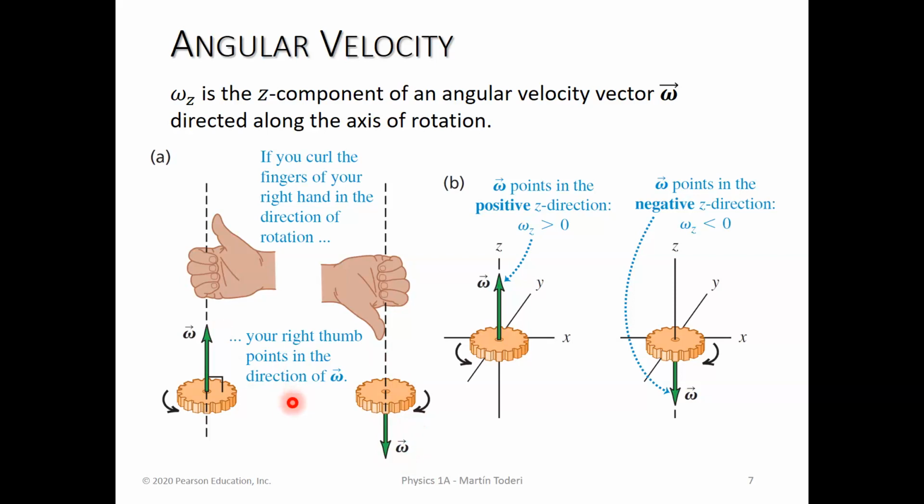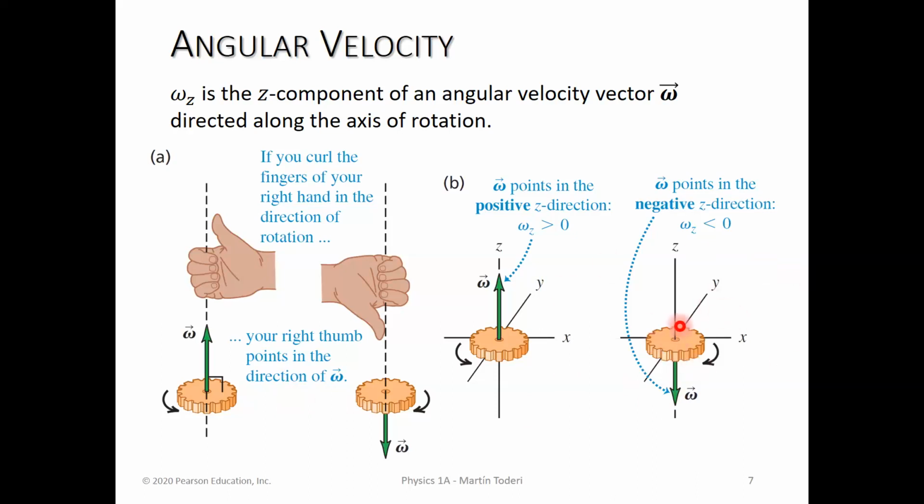So as a rule of thumb, if omega is pointing up, in the positive direction, that means that the rotation is counterclockwise. And if omega is pointing down, let's say the negative direction of z, then the rotation will be clockwise. All right.